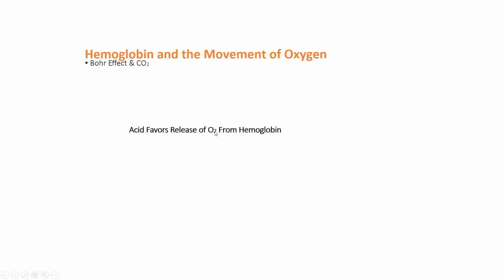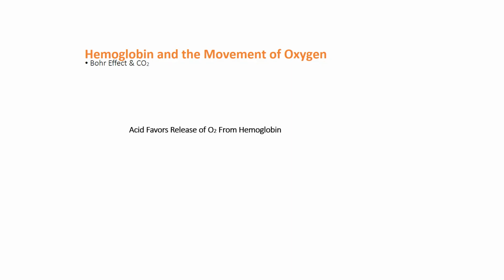Acids favor the release of oxygen from hemoglobin. Yes, because tissue that is metabolically deranged, like somebody who's running the marathon, has a lot of lactic acid being secreted by the tissue. All this lactic acid is making the tissue environment very toxic.